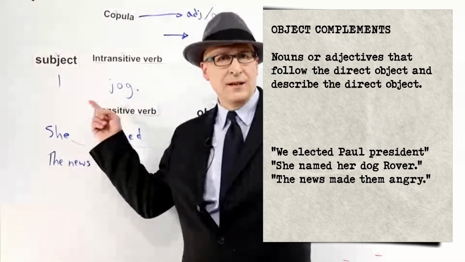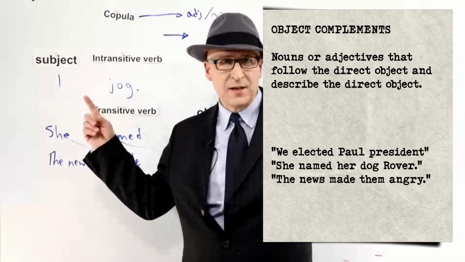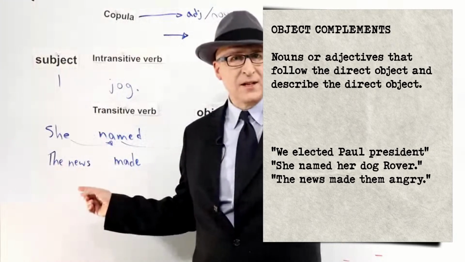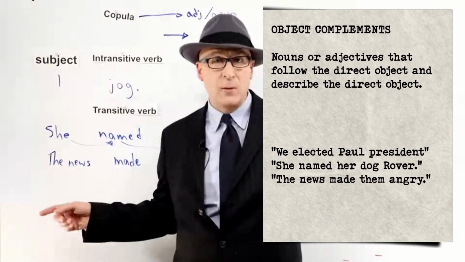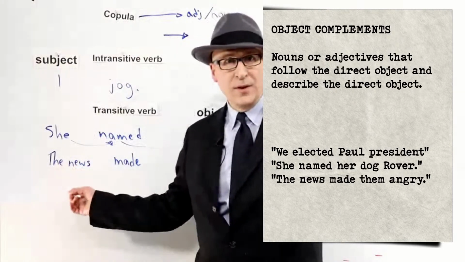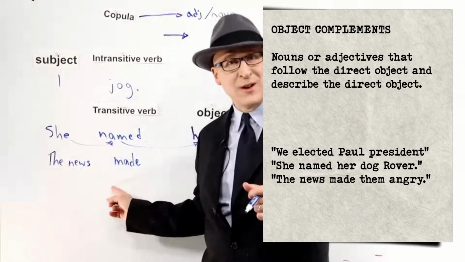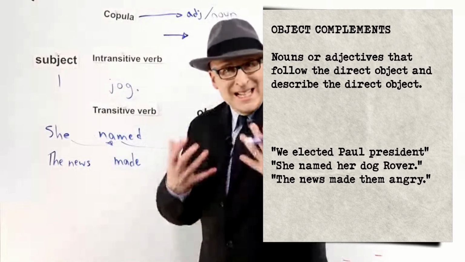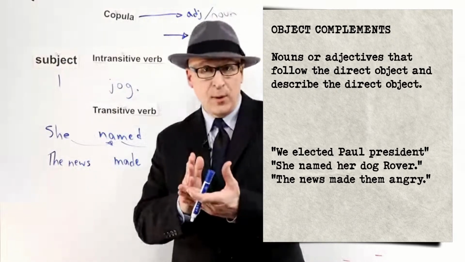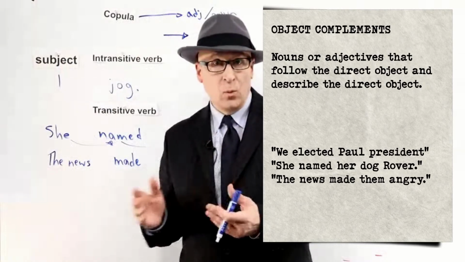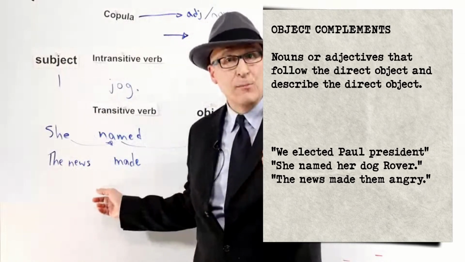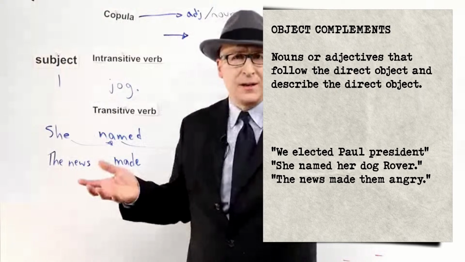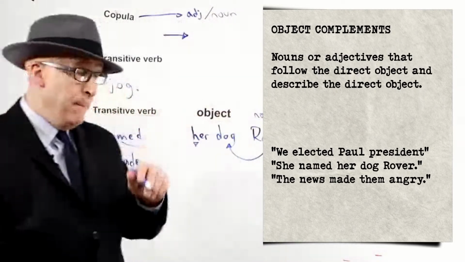That's not a complete idea like I jog or I exercise. If you say that to someone, they're going to immediately say, the news made what? This is not a complete idea because a transitive verb needs an object in both grammar and meaning. Without an object, this makes no sense. It has no meaning. The news made what? The news made them.